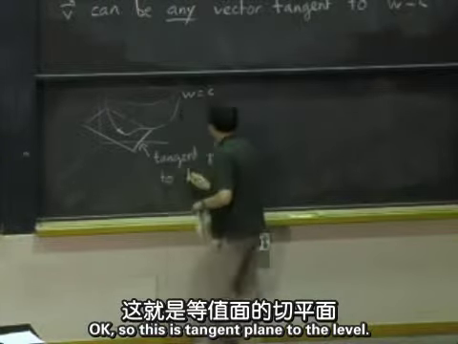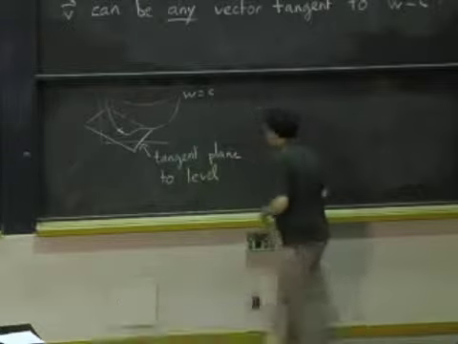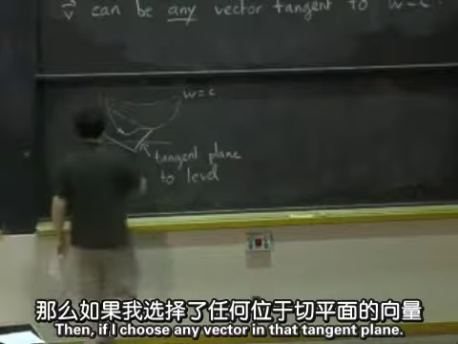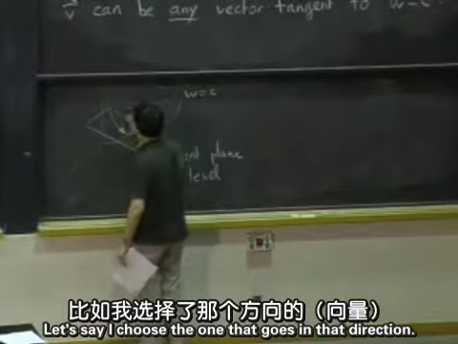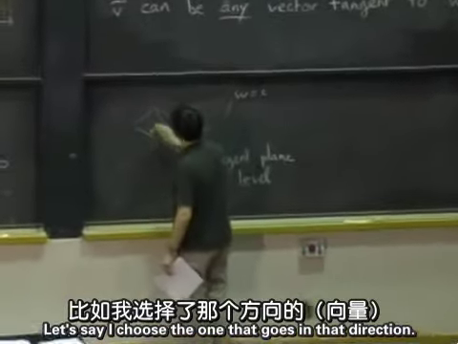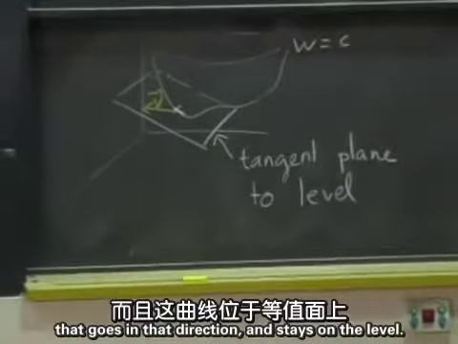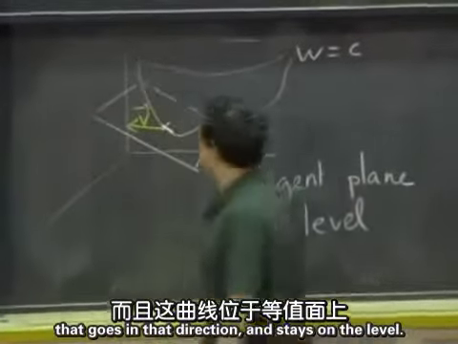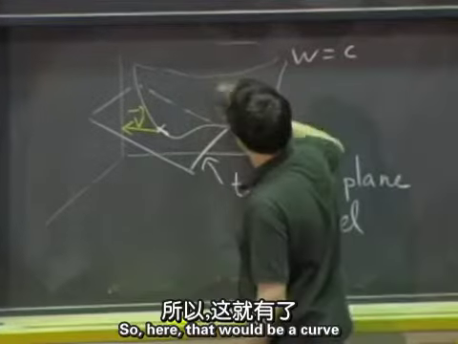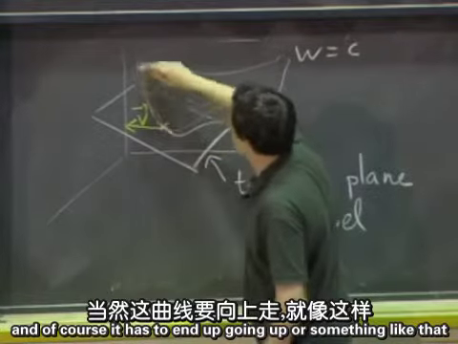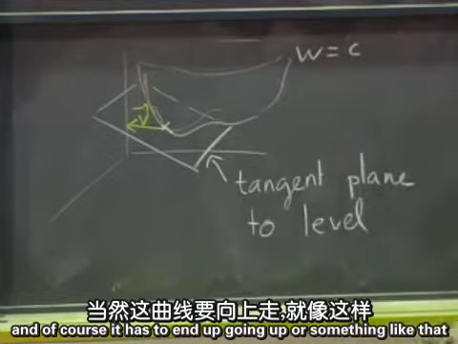Then if I choose any vector in that tangent plane, let's say I choose the one that goes in that direction, then I can actually find a curve that goes in that direction and stays on the level. So here that would be a curve that somehow goes from the right to the left, and of course it has to end up going up, or something like that.